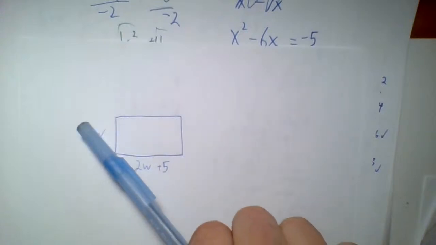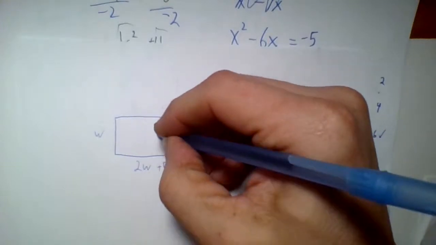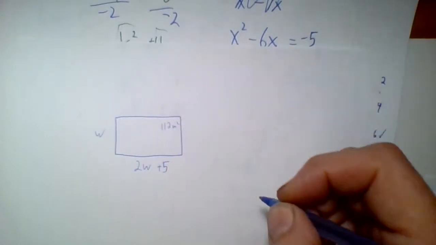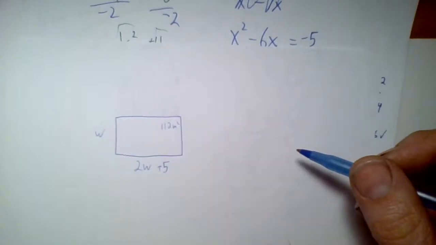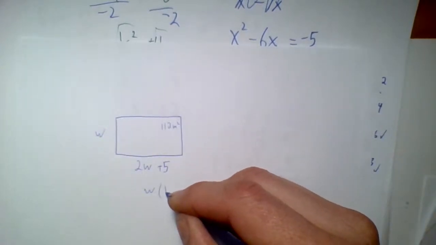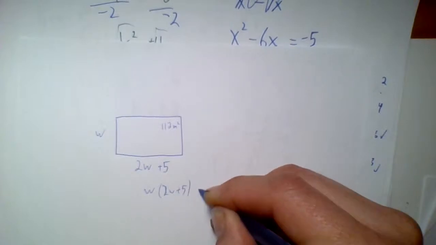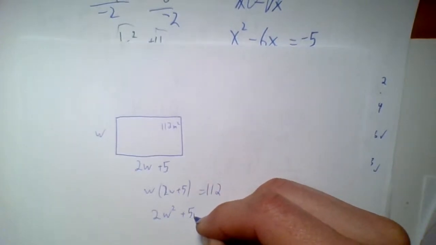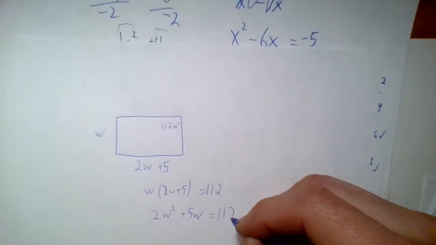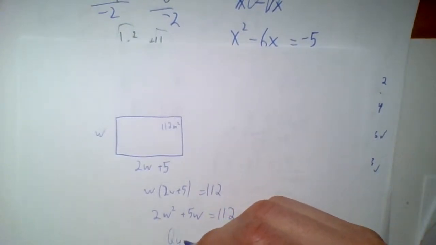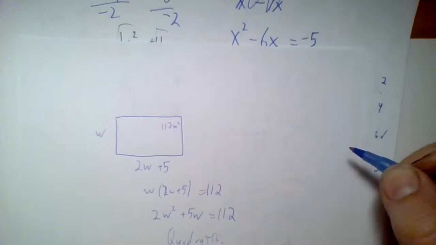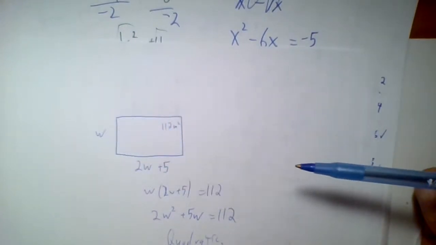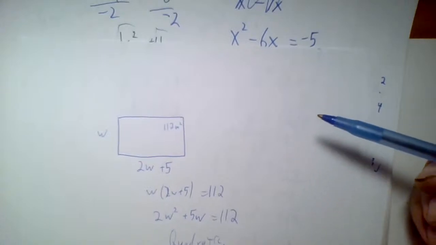If your length and width are related and your area is supposed to be 112 square meters, and these are supposed to be related this way, then W times 2W plus 5 is equal to 112. And we do get something that has a squared term, a variable term, and a number term, like that quadratic situation. Finding the solution to that means we could set up a rectangle that's in this kind of form. We could deal with that.